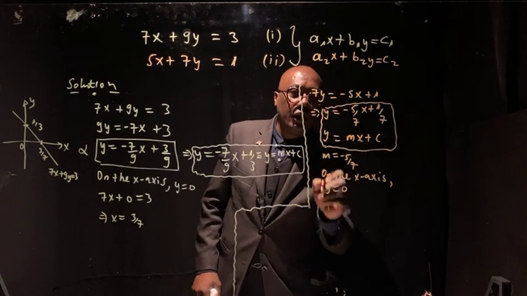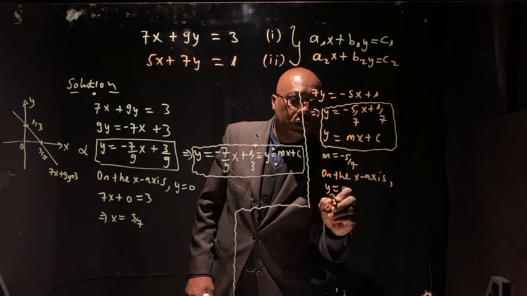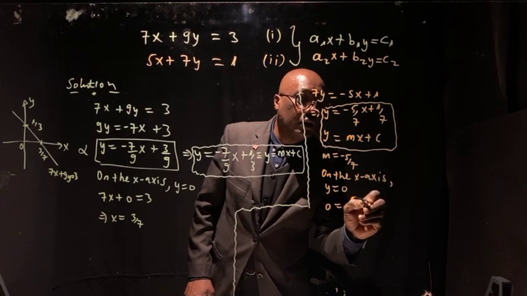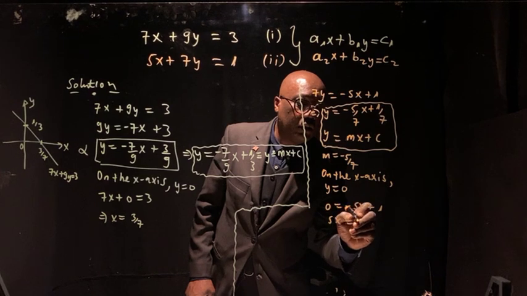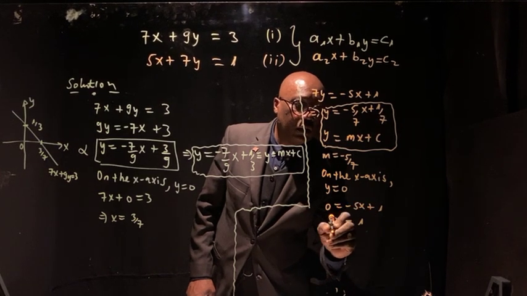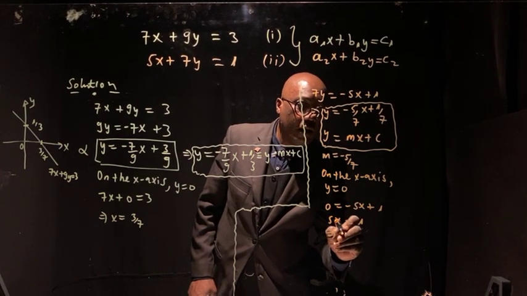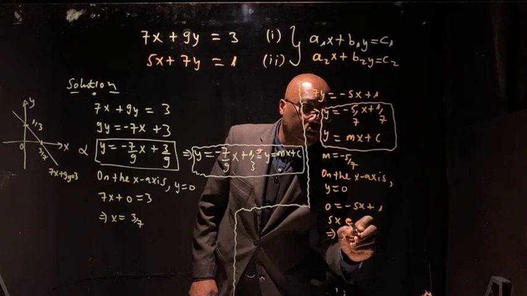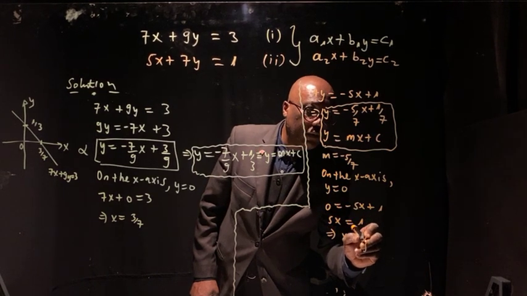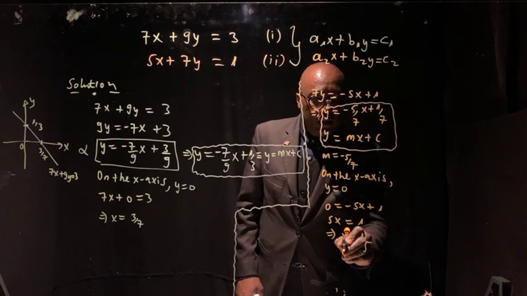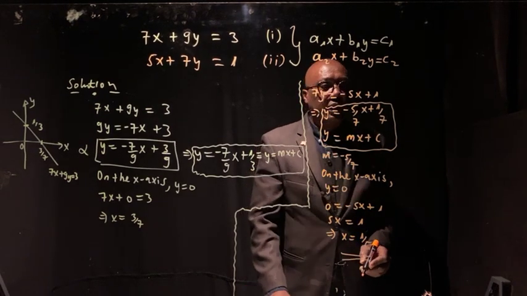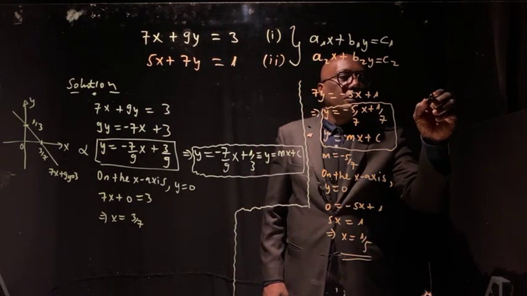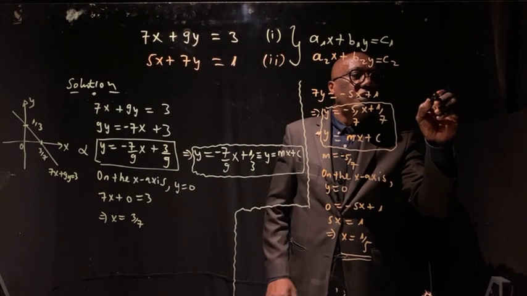So 0 equals minus 5x plus 1, 5x equals 1, which implies x equals 1 over 5. This is the x-axis intercept, but remember, the line has a negative gradient, so it will look something like this.